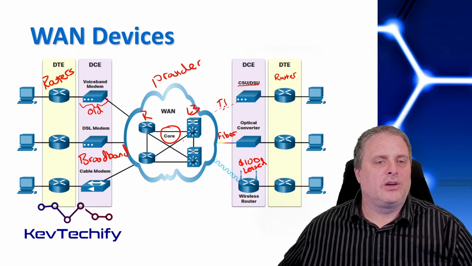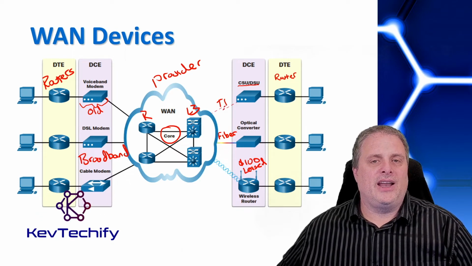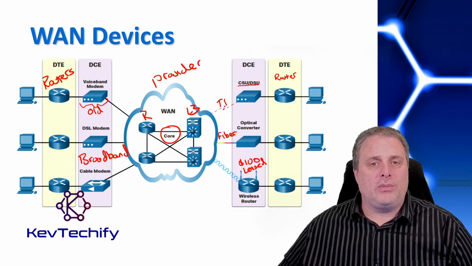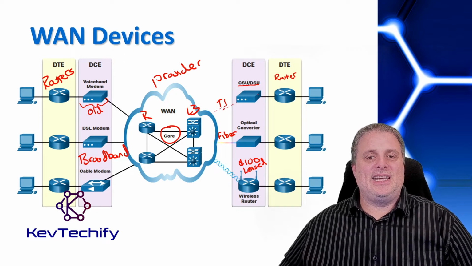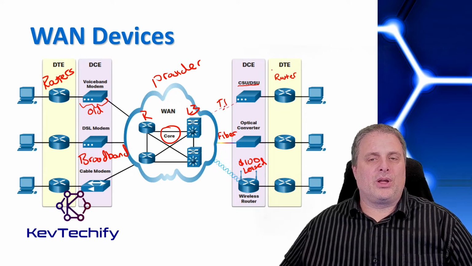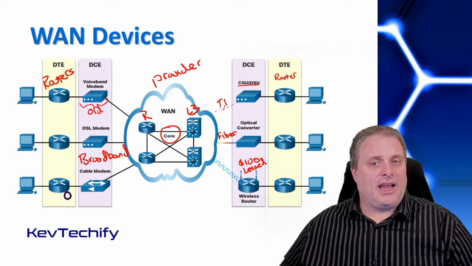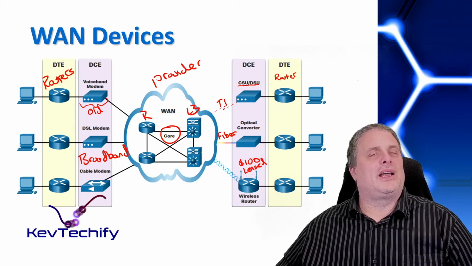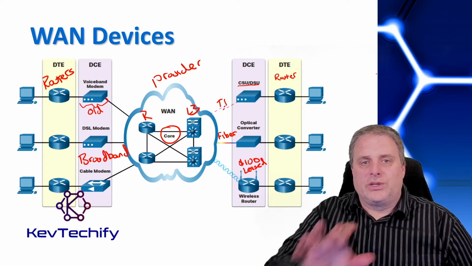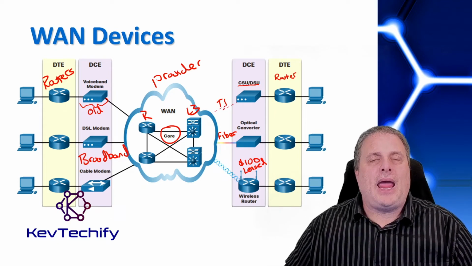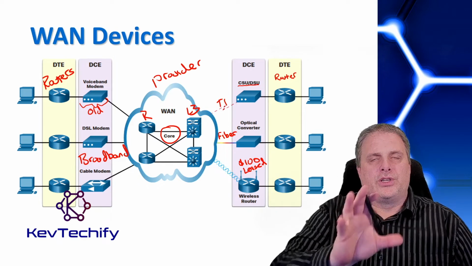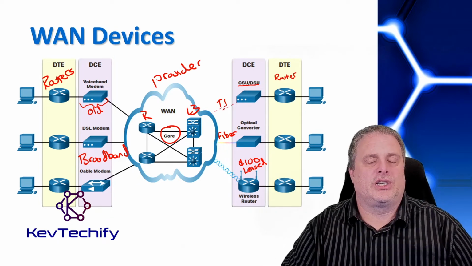If you're the provider, you're concerned with what happens in the cloud. How do we get our data going across there? How do we make sure the data gets to the right DCE equipment? But once it gets to the DCE equipment, they plug their device into your DCE, and you don't care what they do on the inside of your company. And so it depends upon what point of view you have to concern yourself with how these connections all work.